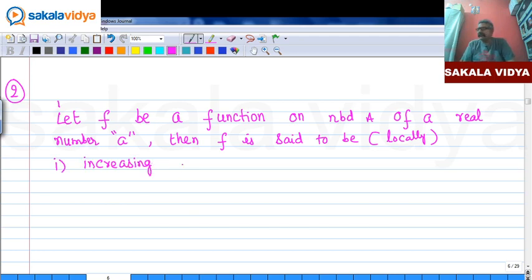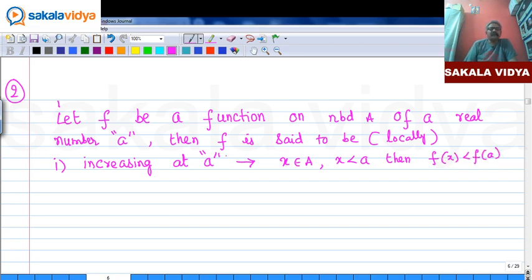First point, increasing. f is said to be increasing at a particular point, that means at a, if x less than a, suppose, then f of x is less than f of a.